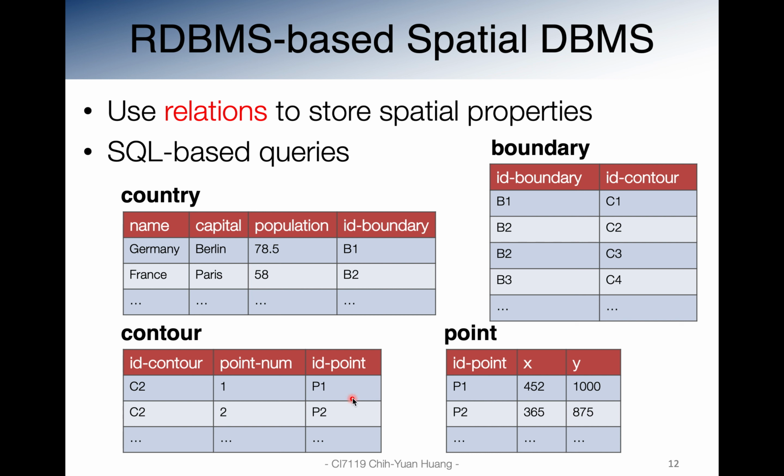Finally, this ID point can link to the point table, which contains the ID of the point and also the x and y coordinates of that point. So in this case, as you can see, we use purely the tables in the relational database management system to handle the geospatial data.